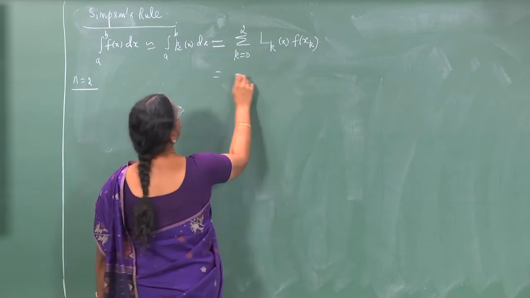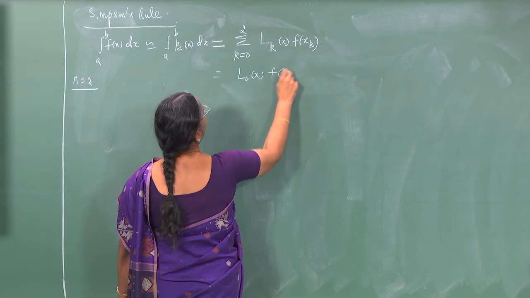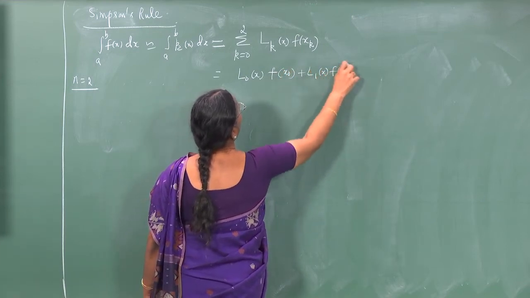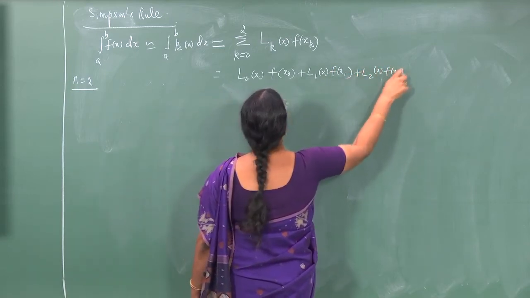So, this will be L0 of x into f of x0 plus L1 of x into f of x1 plus L2 of x into f of x2.